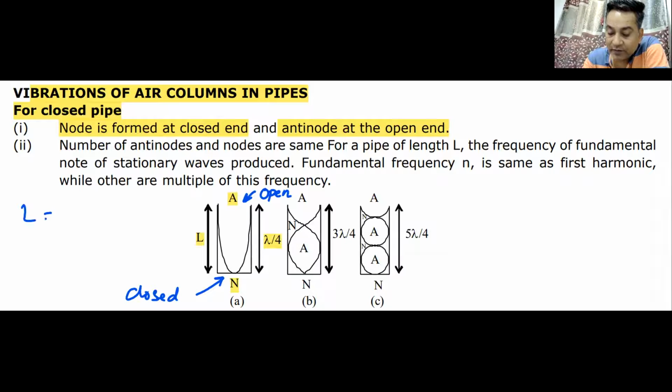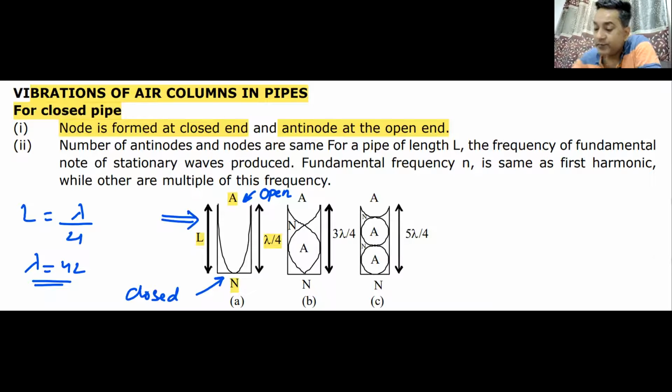So my L becomes lambda by 4, or my lambda becomes 4L. This is the first wave that can be formed and this is known as the first harmonic or the fundamental node. Do we understand this? It only has one node and one antinode. This is known as the first harmonic or the fundamental node. Do we understand this?